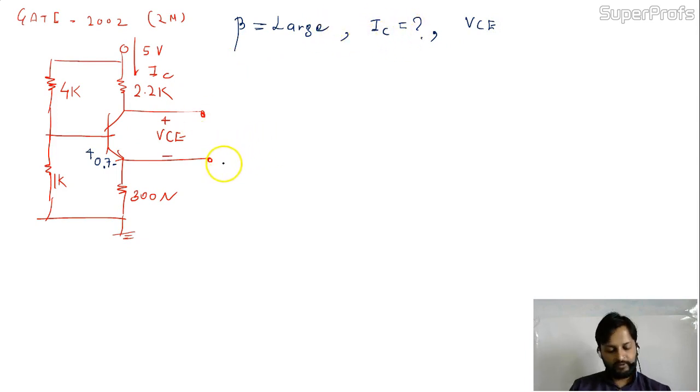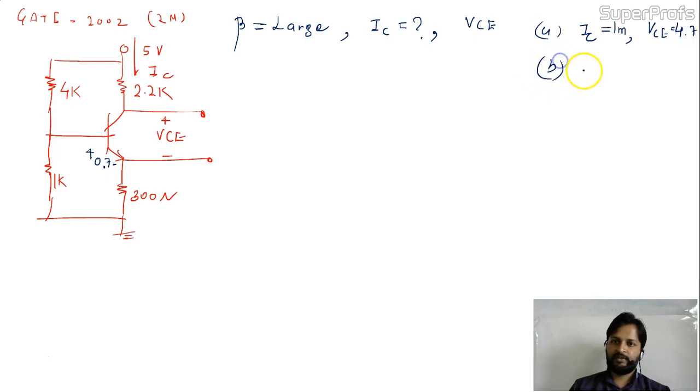The options are given. Option A is IC equal to 1 milliampere and VCE equal to 4.7 volt. Option B is 0.5 milliampere and 3.75 volt.